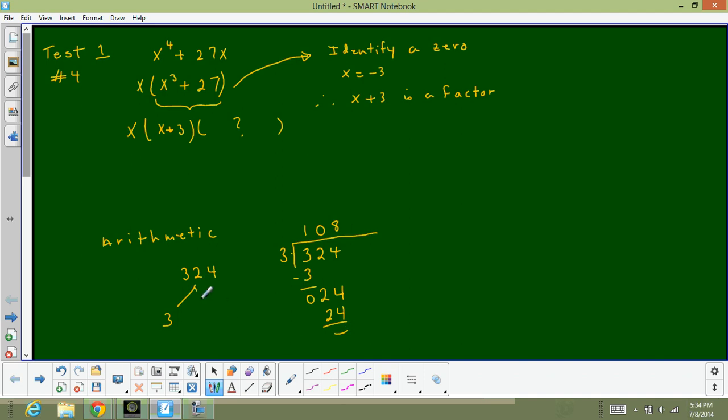So you know that the other factor is 108. That's how it would work in arithmetic, and you probably did that in elementary school.